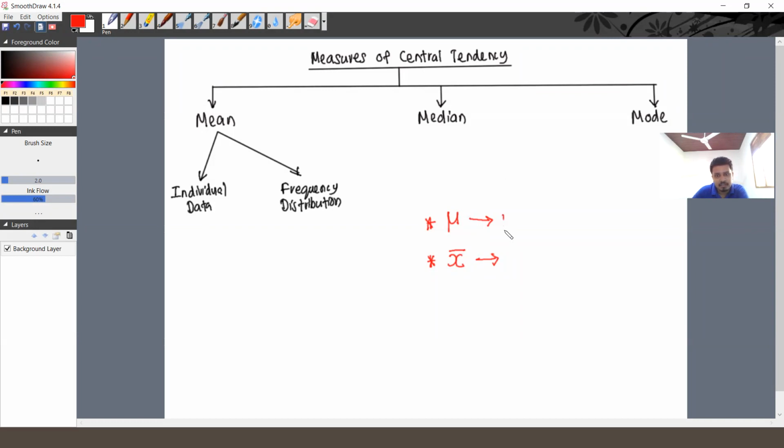If we need to calculate the population mean, the mean of a population, then we are using this symbol, mu. If we are calculating the mean value, the average value, of a sample data set, then we are using X bar to denote it.